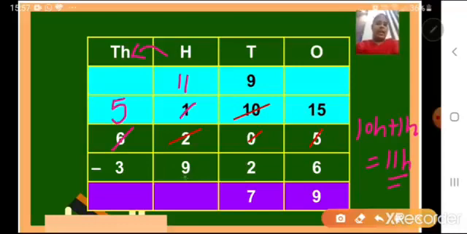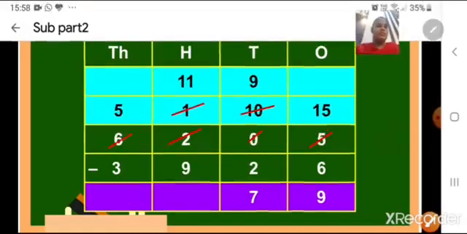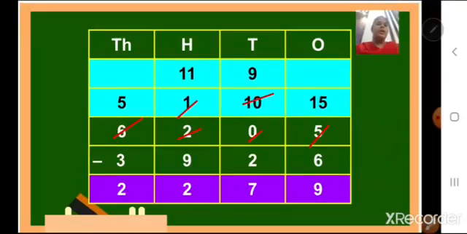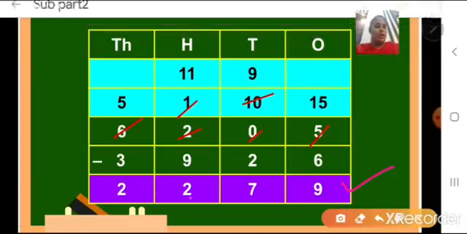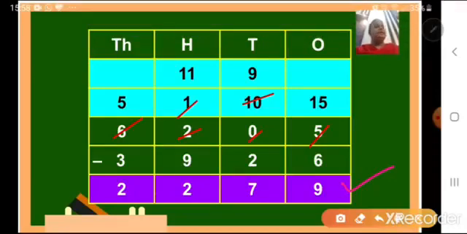So let us subtract. Count after 9: 10, 11. So here I will get number 2. And in thousands place, I have 5 minus 3, which is 2. Correct? So this answer I will get. Note it down children. My answer is 2,279.